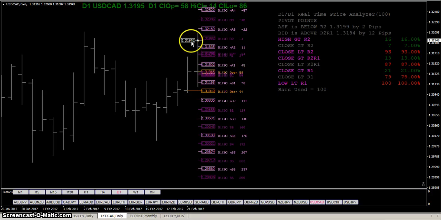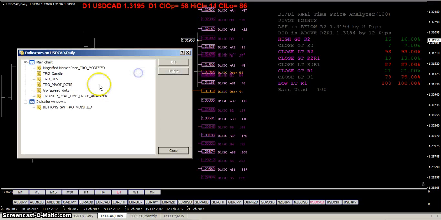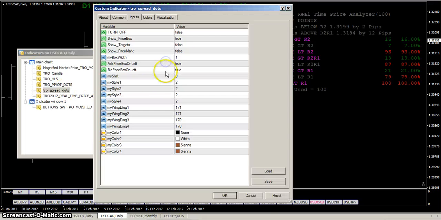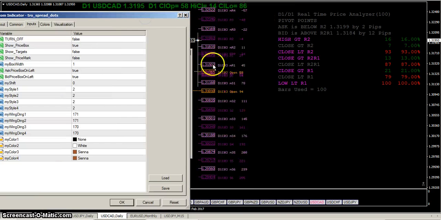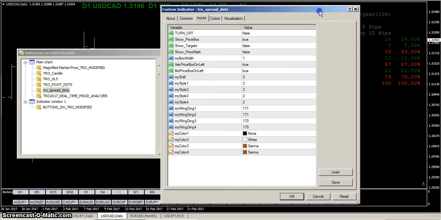Oh, and in case you're wondering what I did here in the TRO spread dots indicator, I'll have to send out the new version, or post it at Crestlick in the motherlode. You can say, is the ask box on the left, is the bid box on the left? Instead of everything being on the right and this box interfering with these boxes, I moved it over to the left.